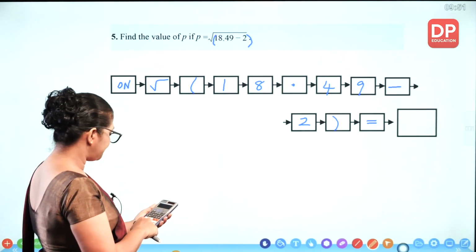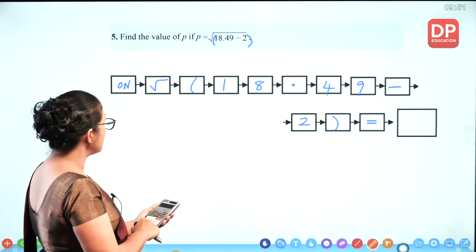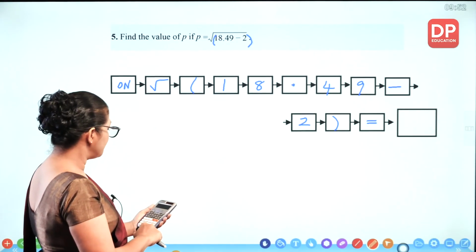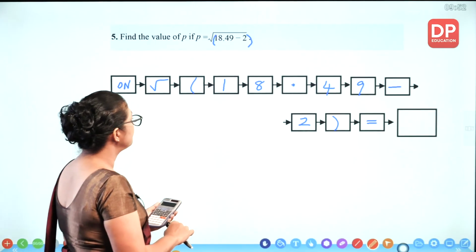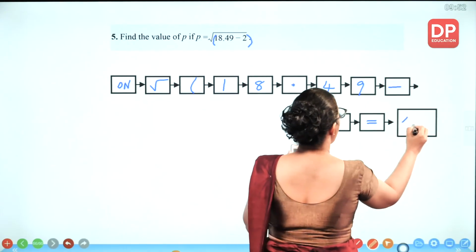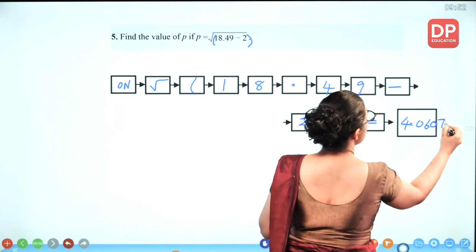Square root of 18.49 minus 2. So you get 4.060788.